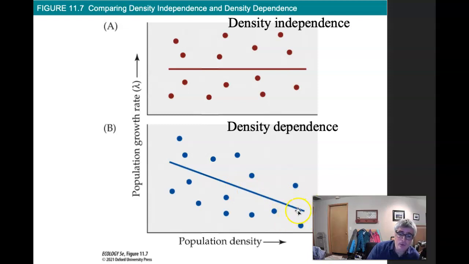You could even have population shrinkage depending on what's driving your density dependence. Where density independence, you could have a few organisms and they're all still growing at 10% a year. You can have lots of organisms and they're still growing at 10% a year, or a lambda of 1.1.